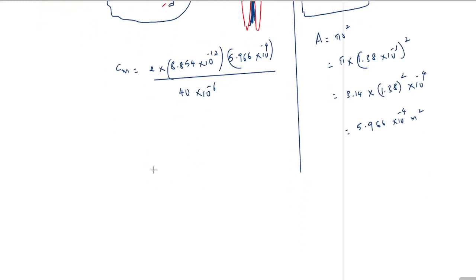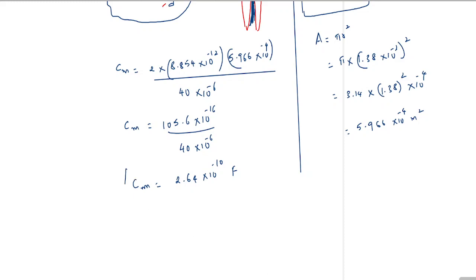The numerator will be 105.6 into 10 power minus 16 by 40 into 10 power minus 6. So C in the medium is equal to 2.64 into 10 power minus 10 farad.